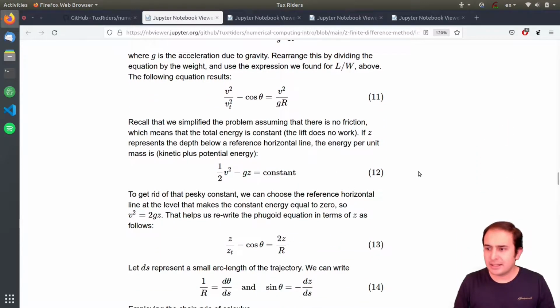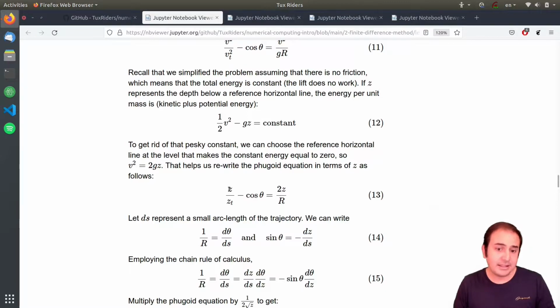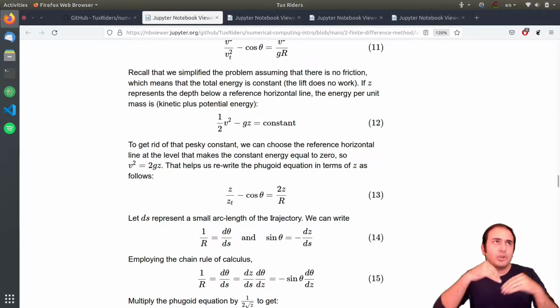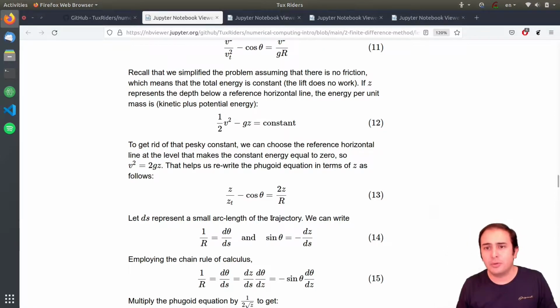There is a quantity here, let's say z, which tells us about the height of the glider, or its difference from a reference height. It can be interpreted as that. This is what we are seeking. By plotting this over time, we can see that the glider movement is like this.